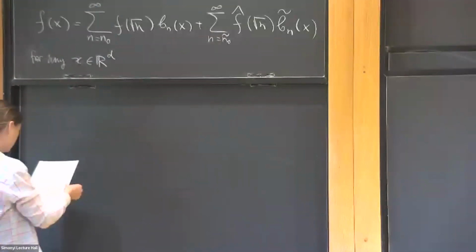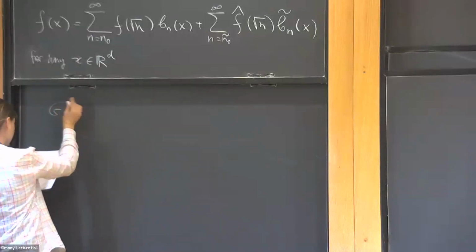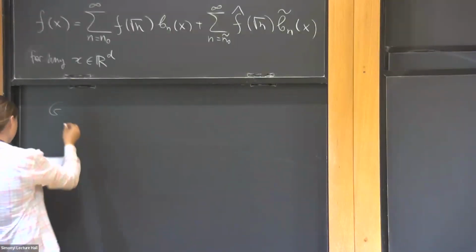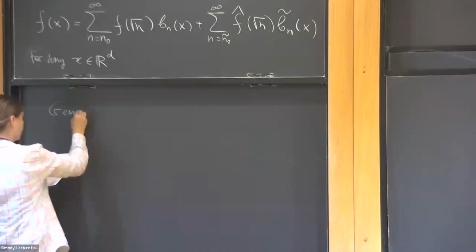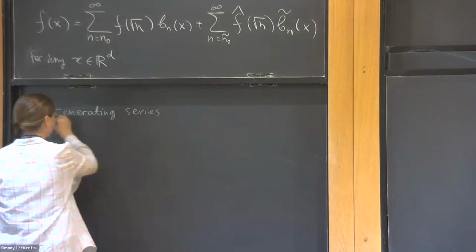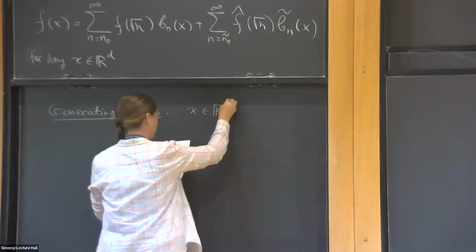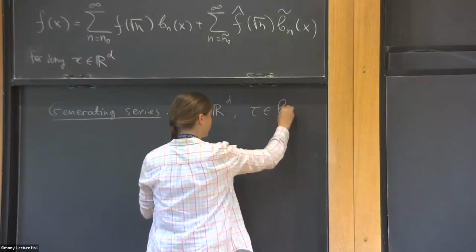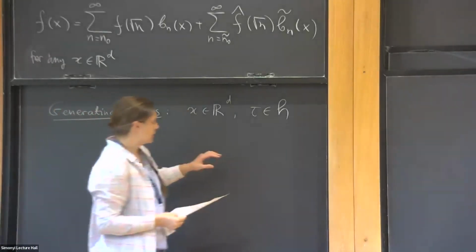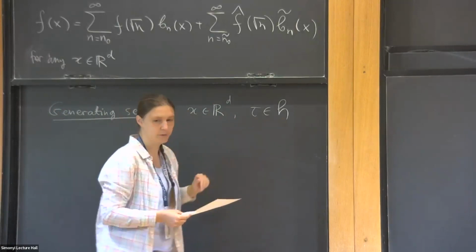This is what I already did last time. One trick that I'm using here is that I consider the generating series. We introduce a new variable tau, a complex number with a positive imaginary part, so it is in the upper half plane.